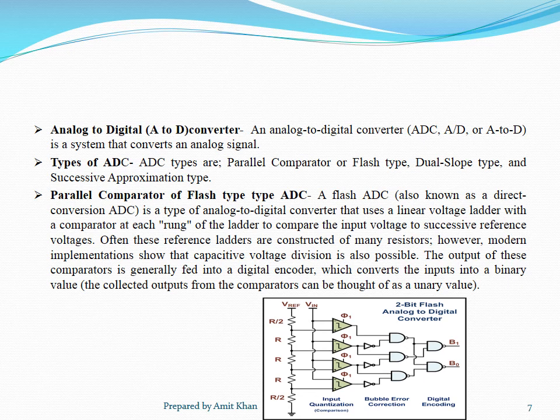The output of these comparators is generally fed into a digital encoder which converts the inputs into a binary value. The collected outputs from the comparators can be thought of as a unary value. A 2-bit flash analog to digital converter is given in the diagram.